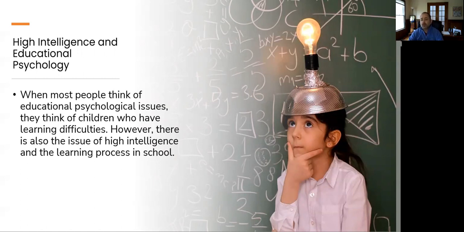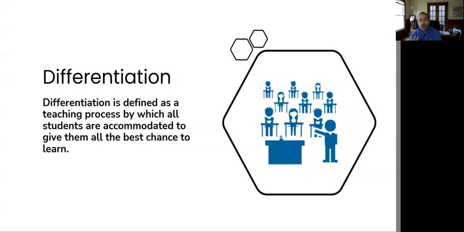But in between, there are children who can excel. So you want to use certain methods, and that's where child psychologists are coming in, providing support. Let's talk about differentiation. Differentiation is defined as a teaching process by which all students are accommodated to give them all the best chance to learn.